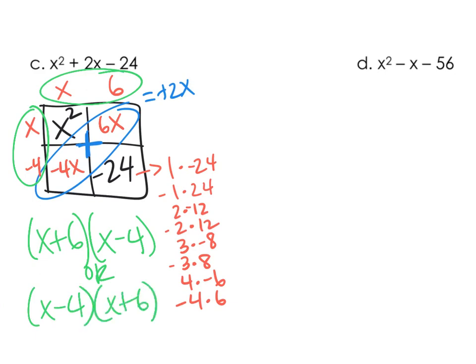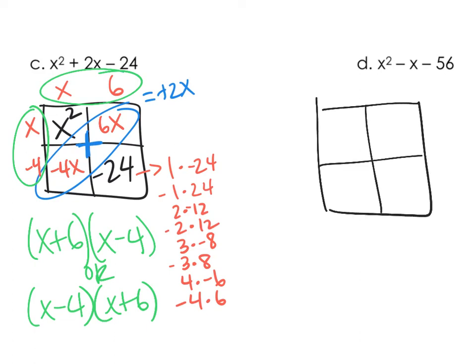Okay, last example on this one, set up your box, x squared, a -56, and your diagonal should have added to be a -1x. If you want to add that 1 in there to help you out, that's fine.